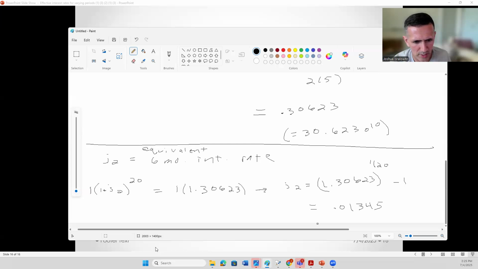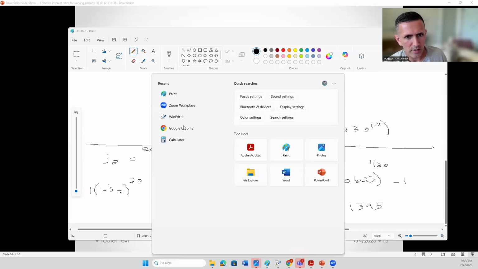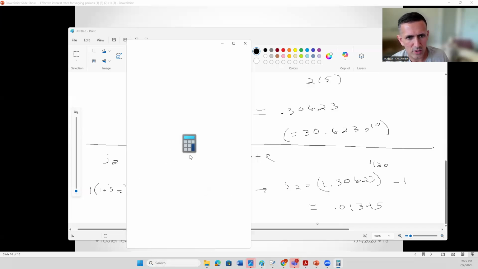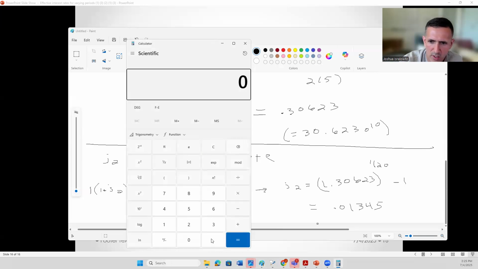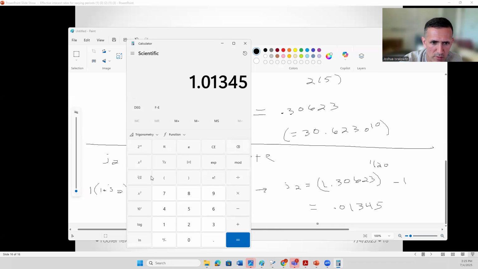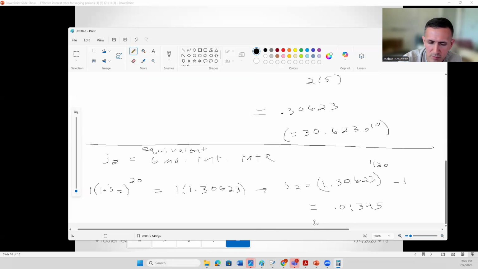And it doesn't hurt to do a sanity check, make sure it's right. 1.01345 to the 20th. We basically get, it's a little off due to rounding, but 1.3063 instead of 1.30623, close enough. All right.